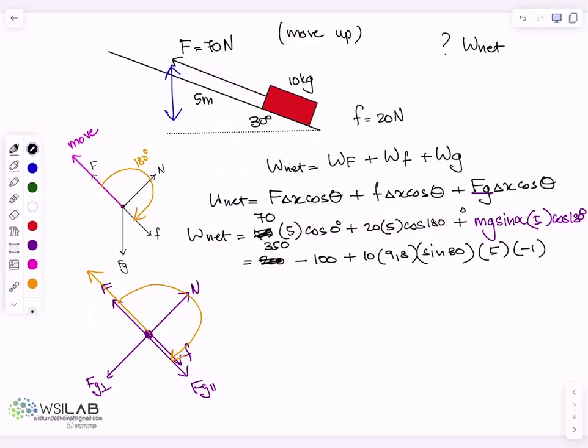I didn't know that. And that's exactly 5 joules. The frictional force was a lot, that's why. So the net work is 5 joules. We're just barely pulling that thing up.